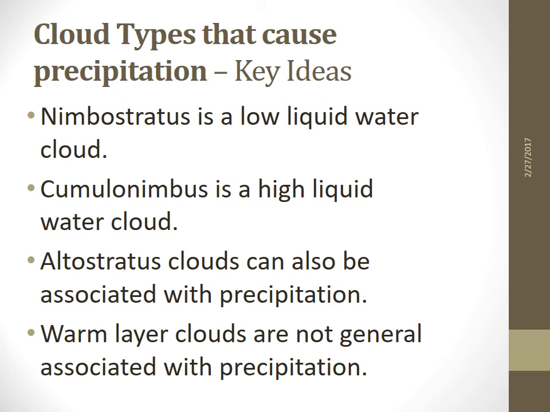So the key ideas to remember are nimbostratus is a low liquid water cloud. A cumulonimbus is a high liquid water cloud. There are some altostratus clouds that can also be associated with precipitation. And most warm layer clouds are not generally associated with precipitation.